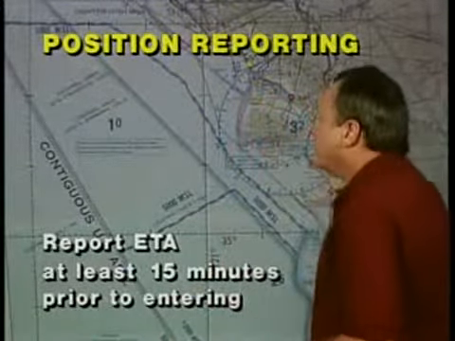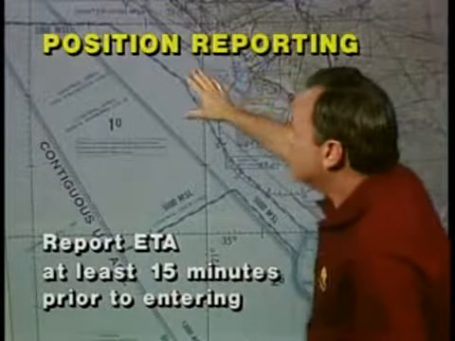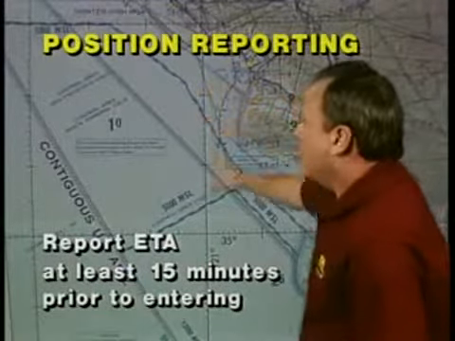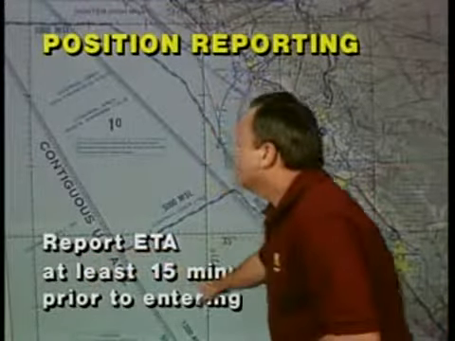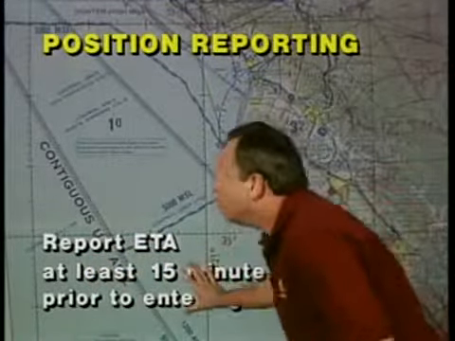So you have to do, first of all, if you're IFR, normal IFR position reporting, but if you're flying on a Defense VFR flight plan, you must do special position reporting, and you must report when you're going to enter the ADIZ at least 15 minutes before you do enter the ADIZ, and they take these reports pretty seriously.